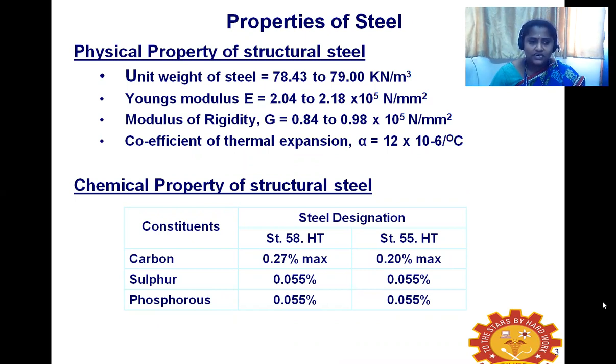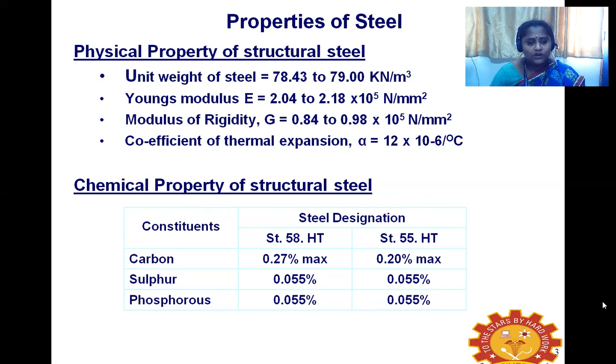In the case of physical, basically we come to know the density, which is most useful to arrive at the weight or mass of the material. And next thing is Young's modulus or modulus of elasticity, which has a range of around 2.04 to 2.18 x 10^5 N/mm².